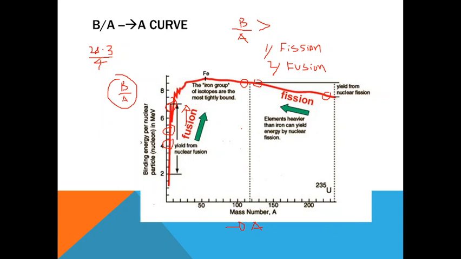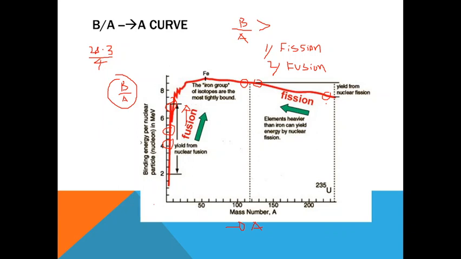Okay. Now the question is, that is the reason why lighter elements are fused and heavier elements undergo fission. You cannot fuse heavier elements. You can't have a fusion. That's why you have fusion of only lighter elements and fission of heavier elements.